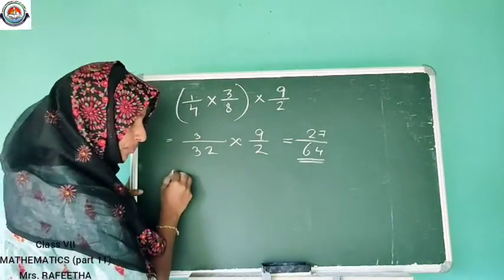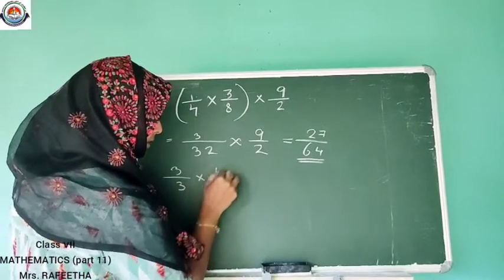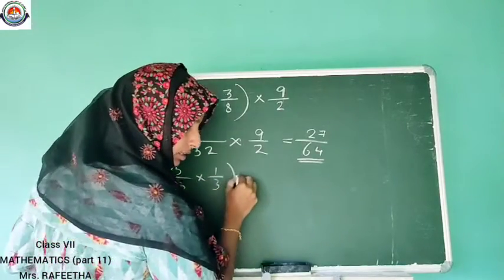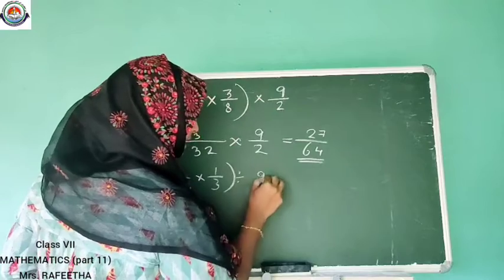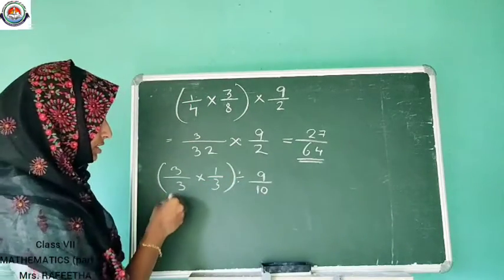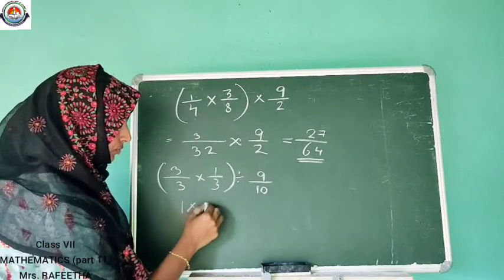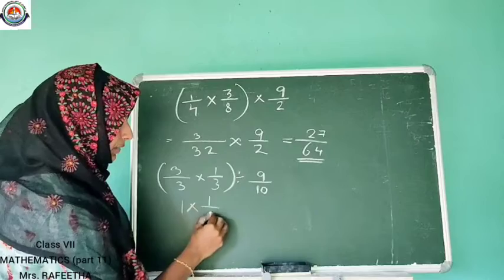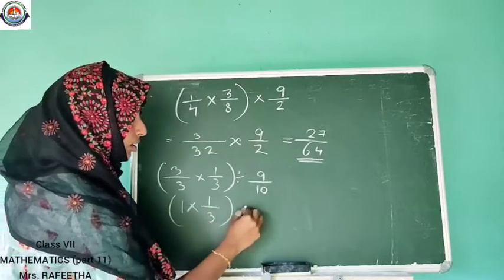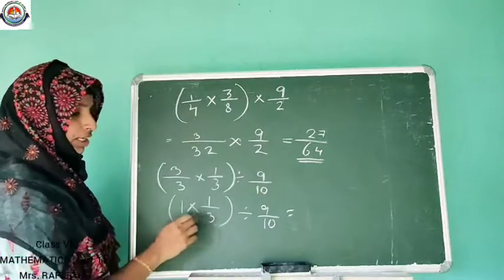The next question. 3 by 3 into 1 by 3, divided by 9 by 10. In this case, we want to do the bracket inside first. That is 3 by 3 means 1, that we know. 1 into 1 by 3, divided by 9 by 10. 1 into 1 by 3.